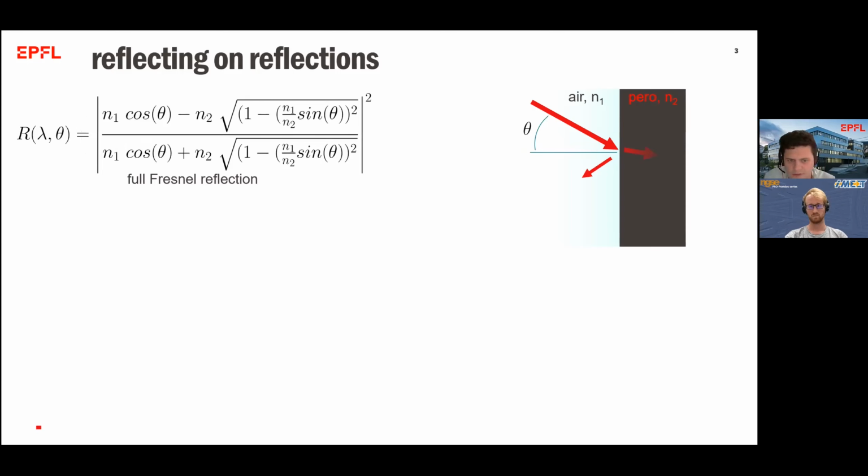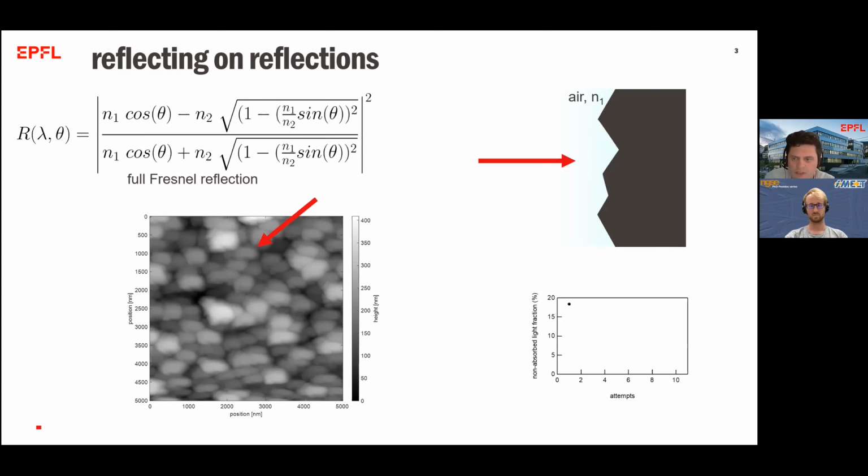Now, I was initially talking about flat interfaces. Life gets more complicated in real devices, and it also gets a little bit more helpful because we can use textured interfaces to reduce these reflection losses. On the lower left side, you can see an AFM image of a zinc oxide layer that we grew here in Neuchâtel.